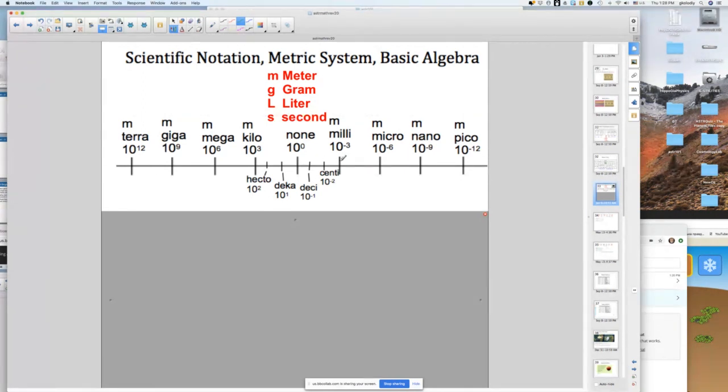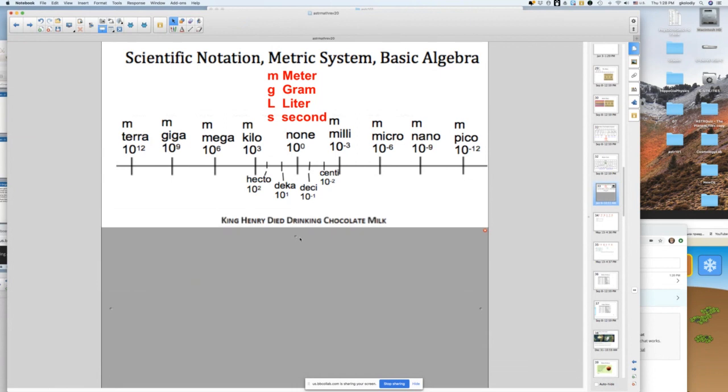And same thing here, we have milli when you get small numbers, micro, nano, pico, 1/1,000,000,000,000th is pico. And again, to remember, at least for the ones from here to here, you can easily remember them, because if you remember, King Henry died drinking chocolate milk. This tells you how many places to move.